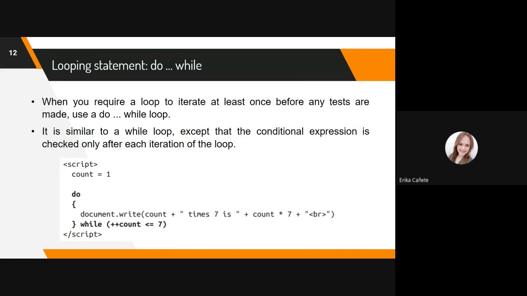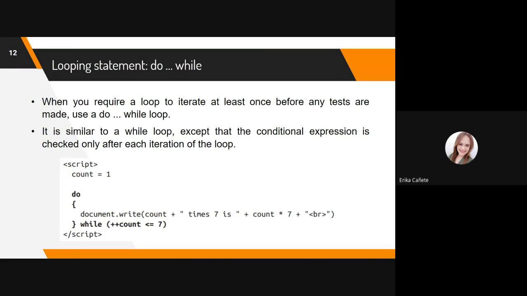If we run this, it will give us an output of 1 times 7 is 7, since we started our variable with the value 1. Then, again, it will iterate. The next output will be 2 times, since we have plus plus count, which means the value of our count now is 2.